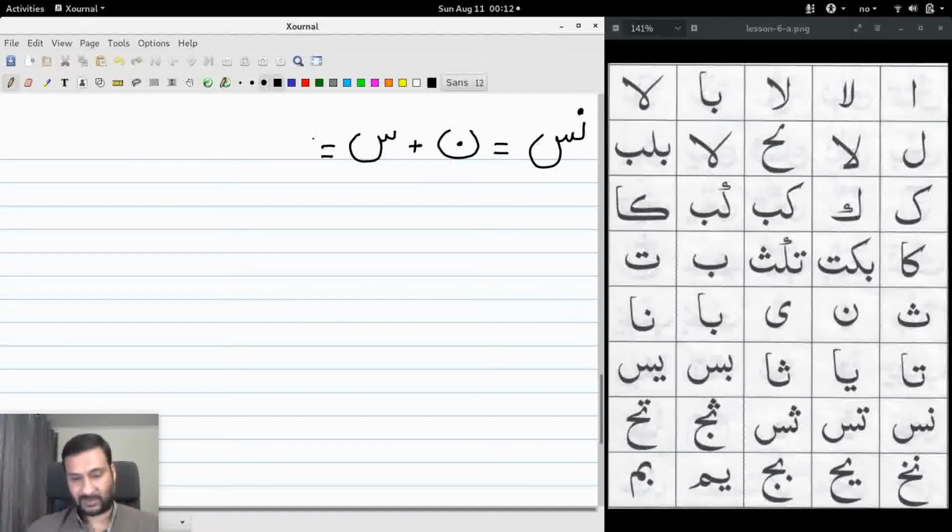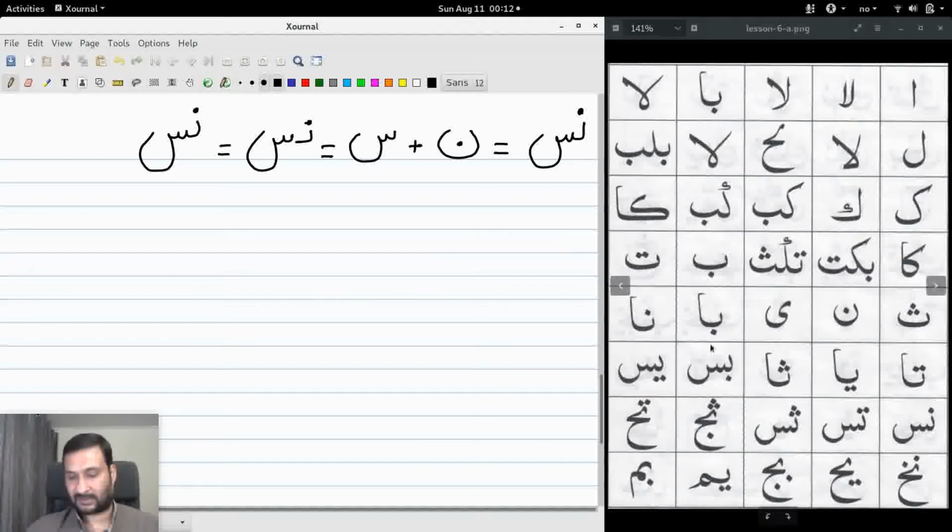When noon is in the beginning of the word, it takes this form like so, with one dot here, and then sin joins it. Noon sin. In a fluent way it would be written like so, and I'll give it a little extra height just to differentiate it from the rest of the sin. So this is noon sin, this one.